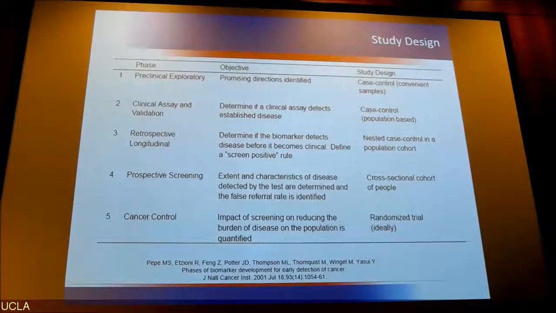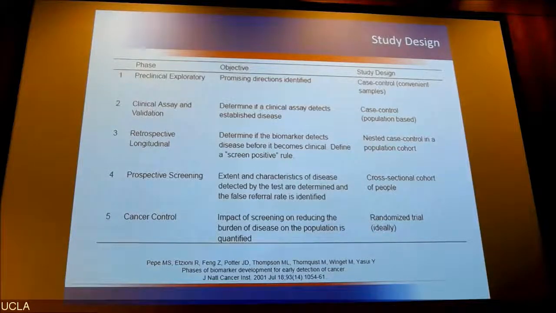The ones that we're actually typically going to be interested in for academic style projects are really probably phases 1 through 3. Phase 1 will be essentially to do our discovery study. These would often be case control studies where we have a relatively convenient sample of subjects to identify promising directions.